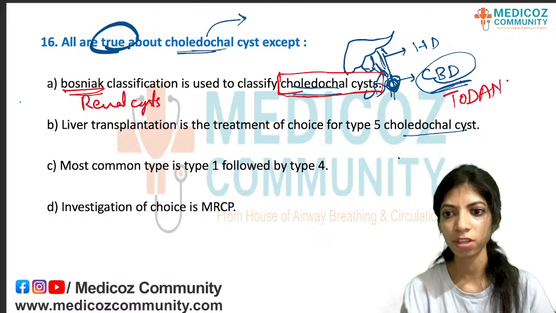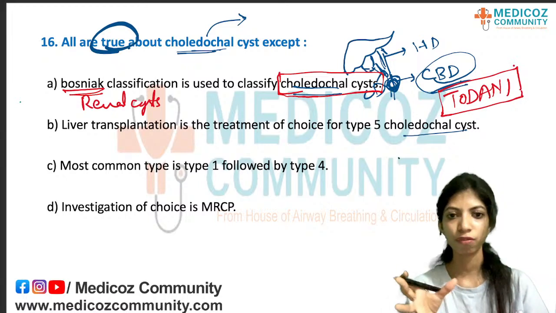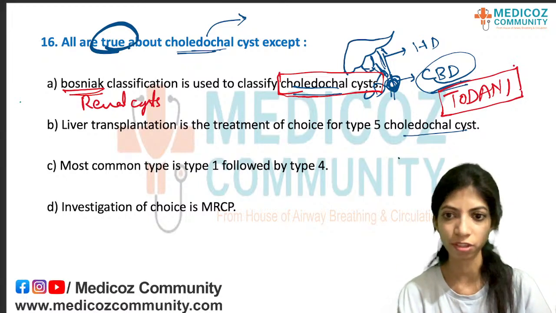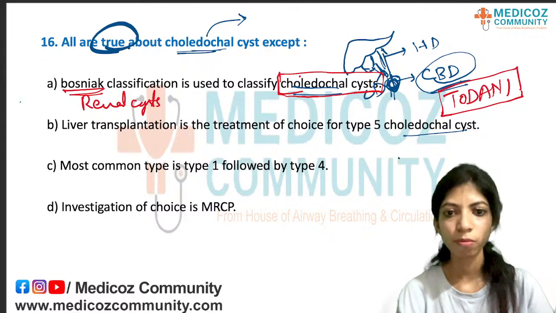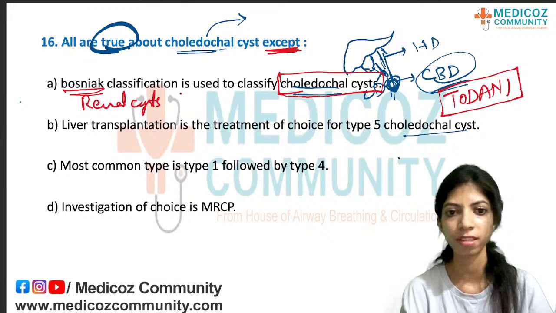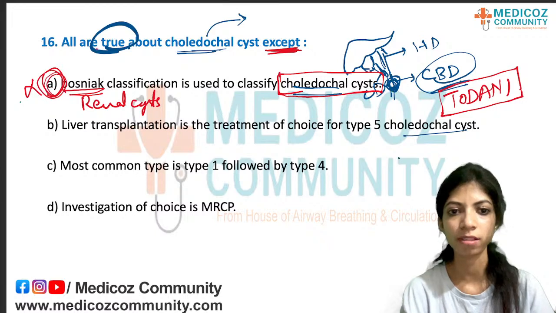These named classifications you have to remember, because he might ask a match the following kind of question from these classifications. So Todani's classification is used to classify choledochal cysts. He's asking true except. See, you shouldn't miss this except. So this is a false statement. So this is our answer.